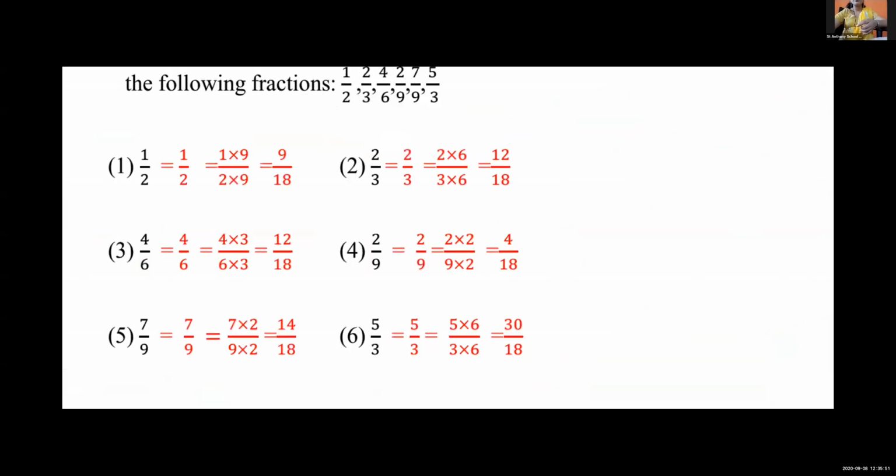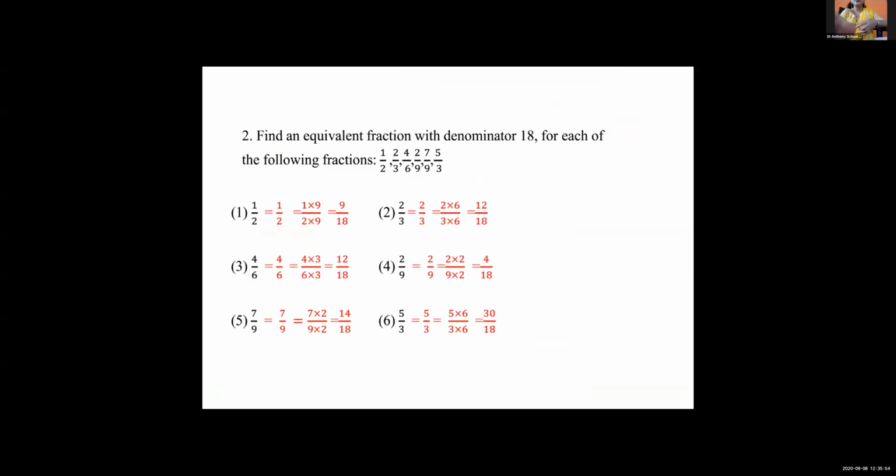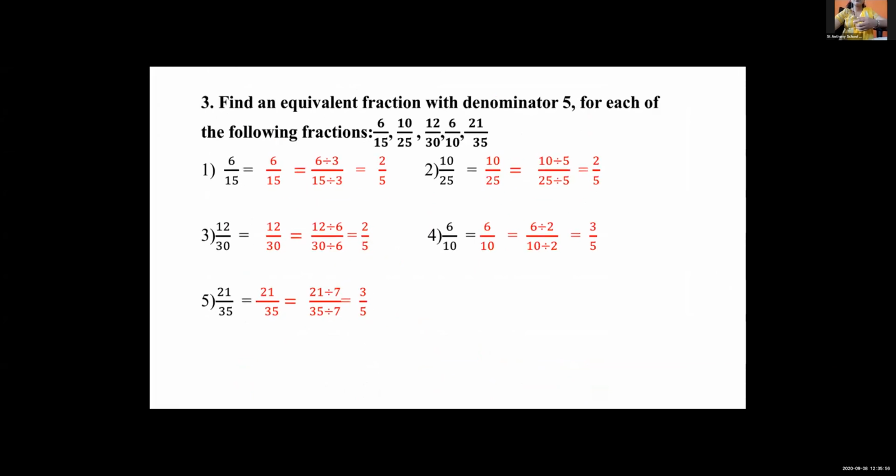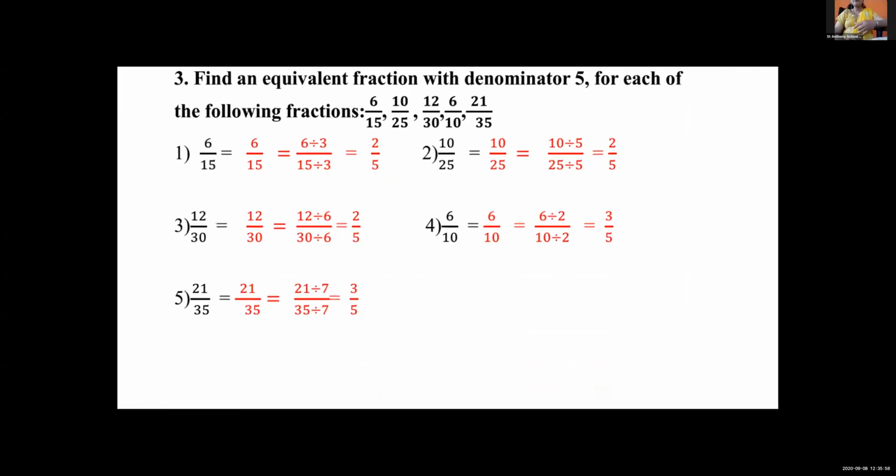Okay, now we'll see the third question. Third is also the same one. Find an equivalent fraction with denominator 5, for each of the following fractions. Now again fractions are given. 6/15, 10/25, 12/30, 6/10, 21/35.